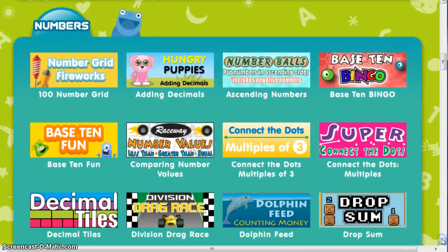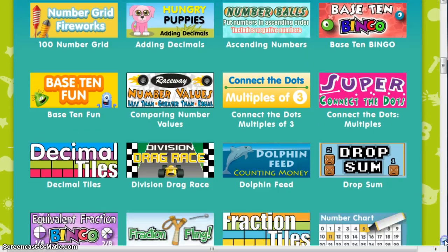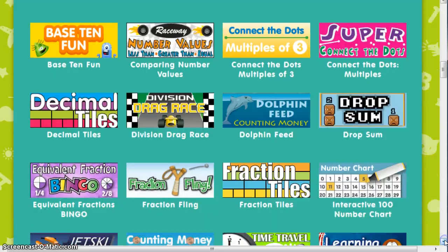And next, numbers. So that's going to be your math stuff. And again, some pretty cute games here, and ones that I've actually seen kids play and enjoy and want to play again and again. So this is great.